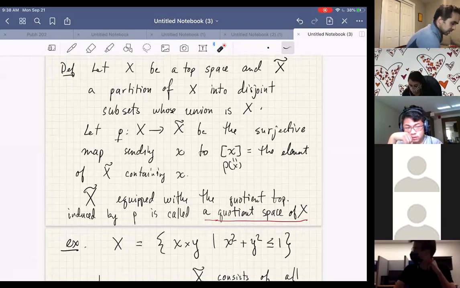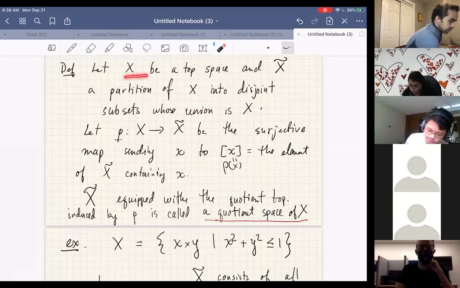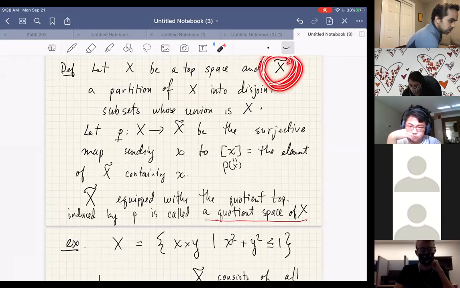So there's a definition: if X is a topological space and X tilde is a partition of X into disjoint subsets whose union is X, then I can give a quotient topology to X tilde induced by the surjective map that sends a point to the subset containing that point.